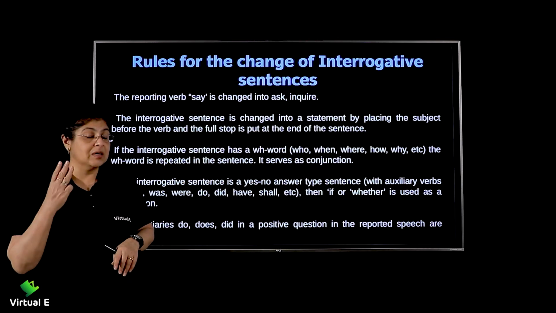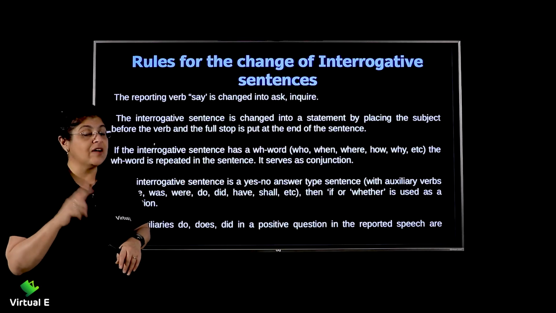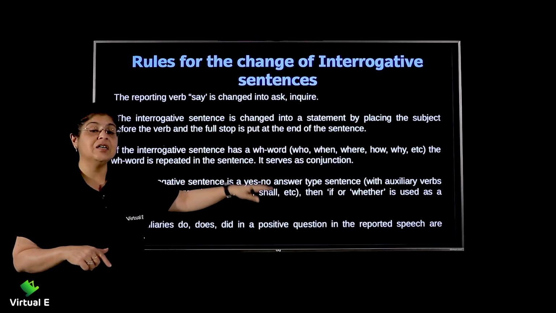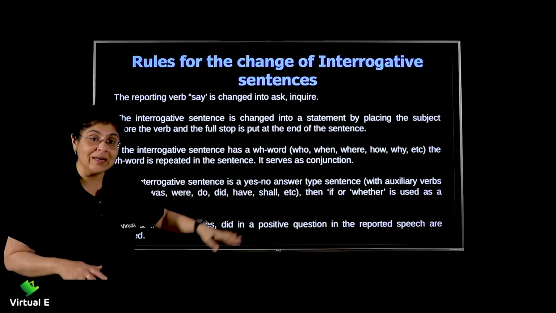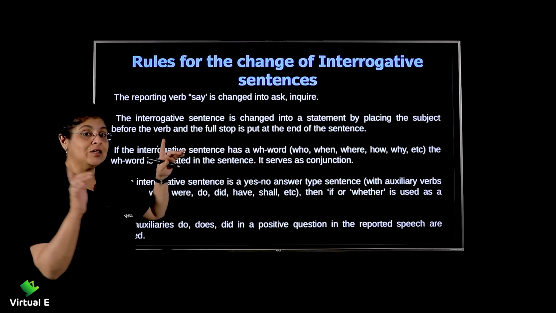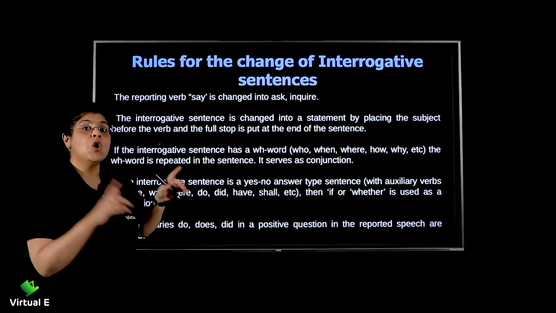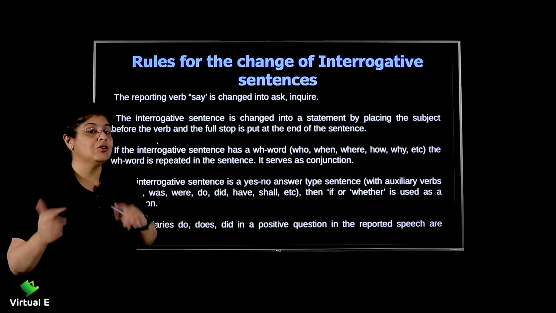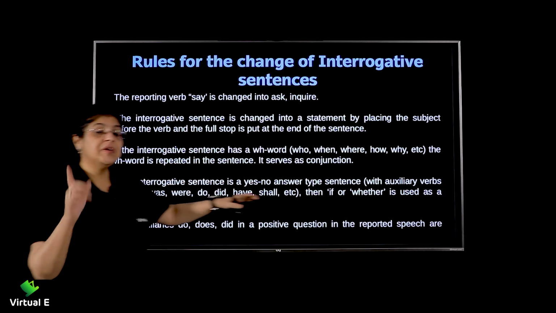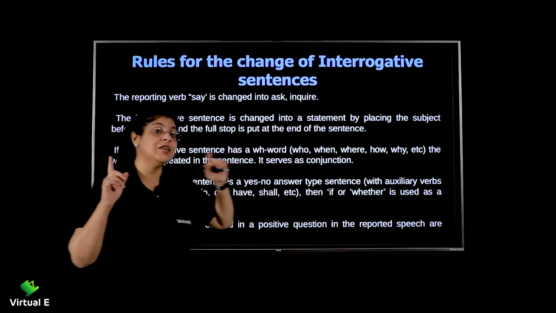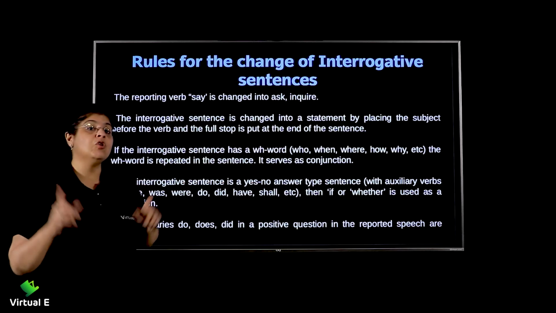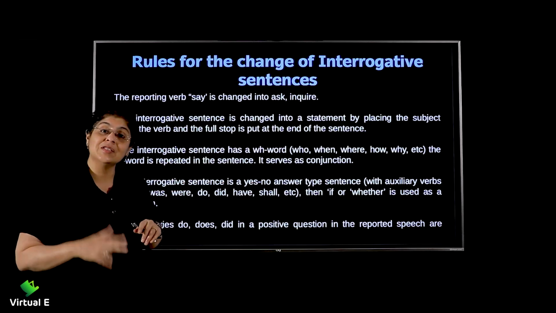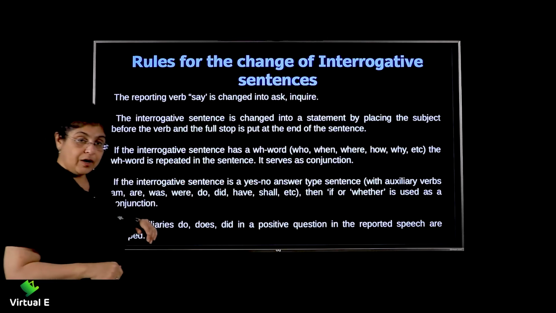Remember, we were talking about those three conjunctions. So far, we were using that. But now, if or whether we will be using only and only in the interrogative sentence which has the answer yes or no. We will be using if or whether only in those questions whose answers are yes or no. Got it?